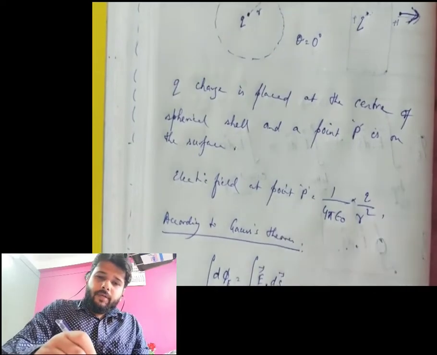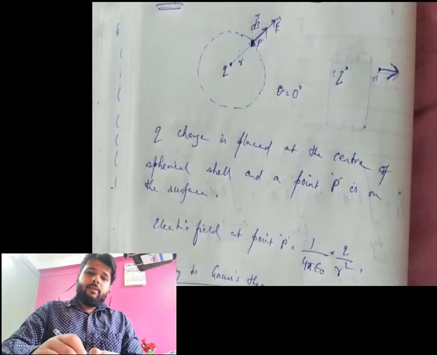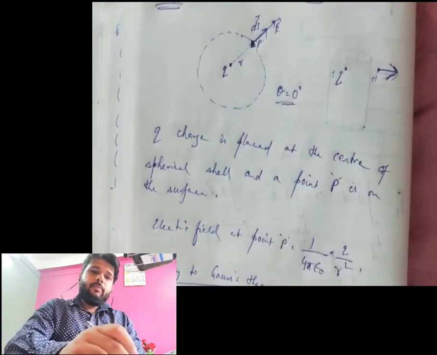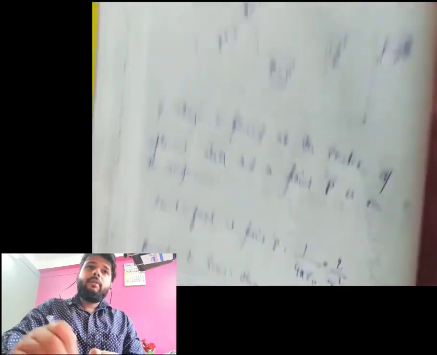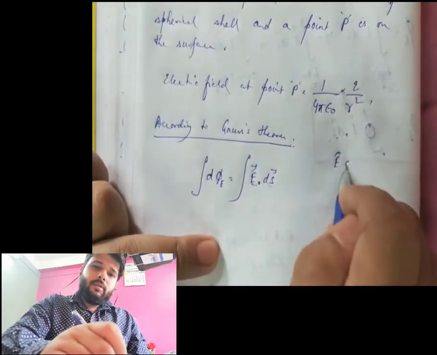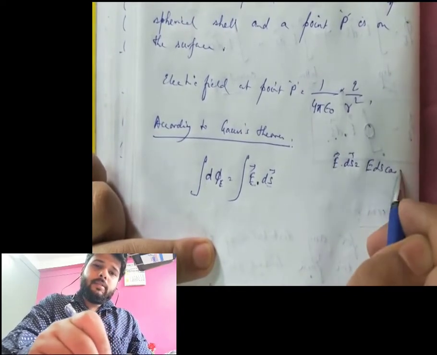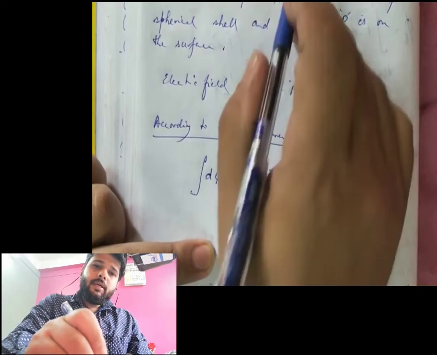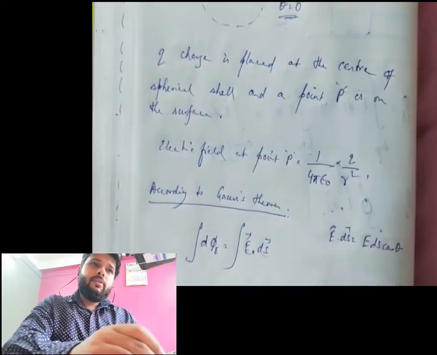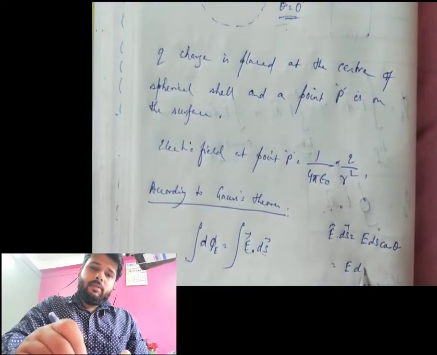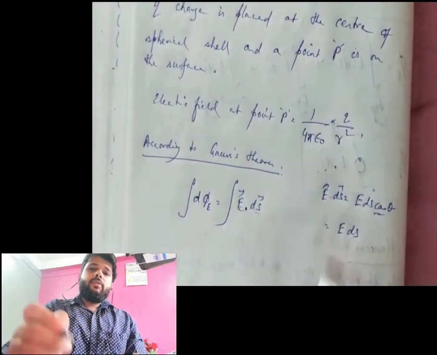Now we have already found out that E dot ds we can write as E ds cos theta, and theta here is 0 degrees. So E ds, cos 0 degrees is 1.